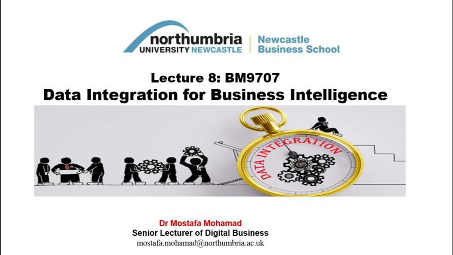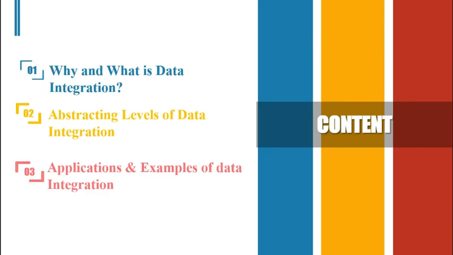decision making. Okay, so I'm gonna take you through 3 elements for today. The first one, where we're gonna talk about why we really need this sort of data integration and what is data integration, the different types of data integration. I will talk to you about abstraction levels and how these levels of integration try to build a sort of heterogeneity between different levels of data model.